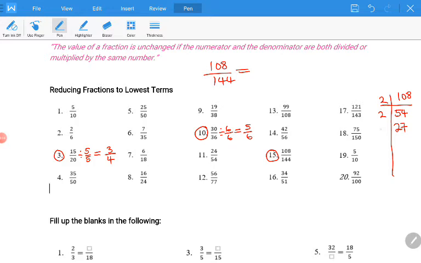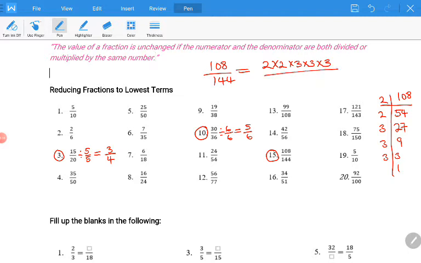Then the smallest number that can get into 27 is 3. 3 into 27 gives us 9. 3 into 9 gives us 3. 3 into 3 gives us 1. So 108 is equal to 2 times 2 times 3 times 3 times 3.